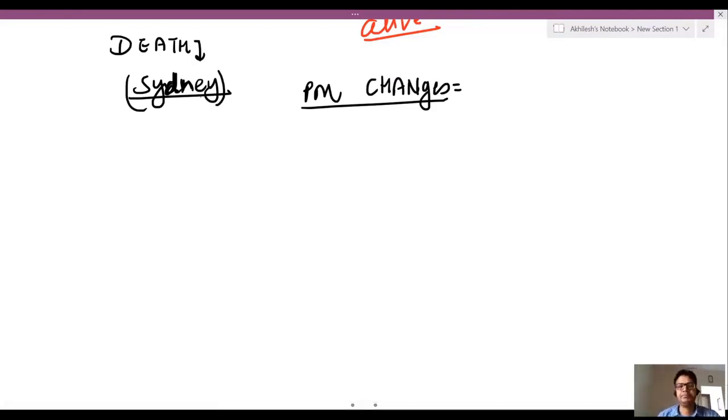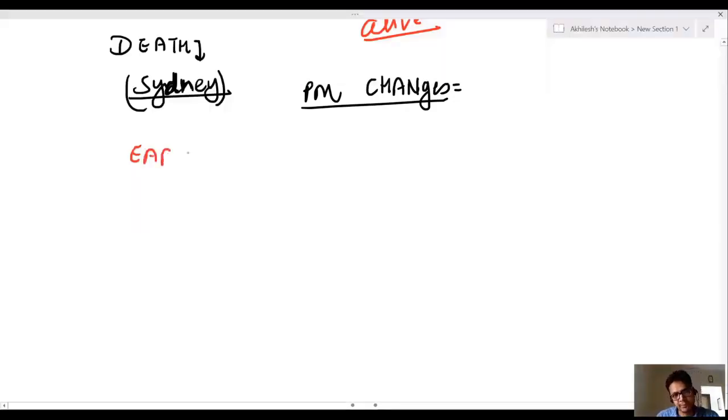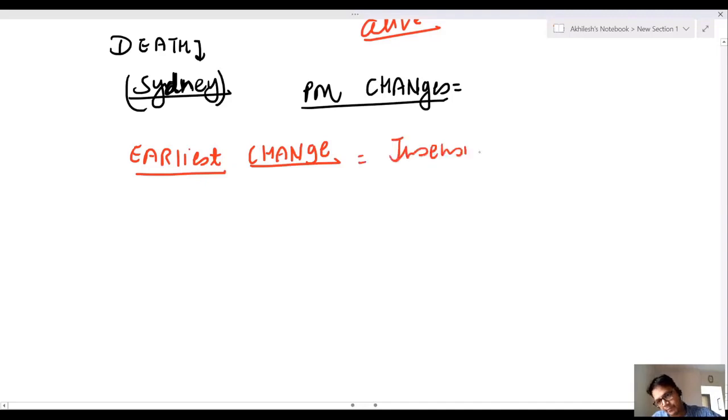Now we are coming to postmortem changes. First question comes, earliest change of the death. Earliest change of the death is insensibility and loss of voluntary power.